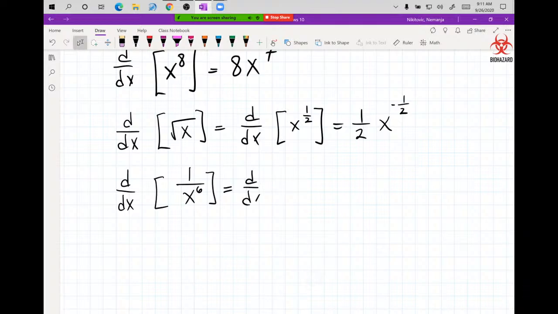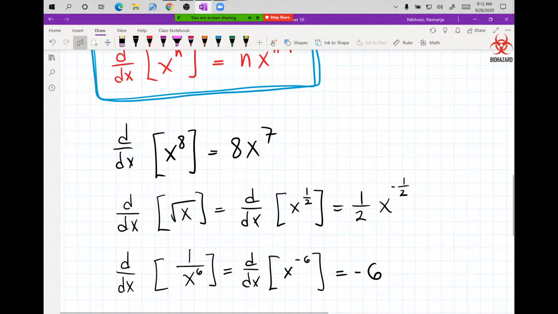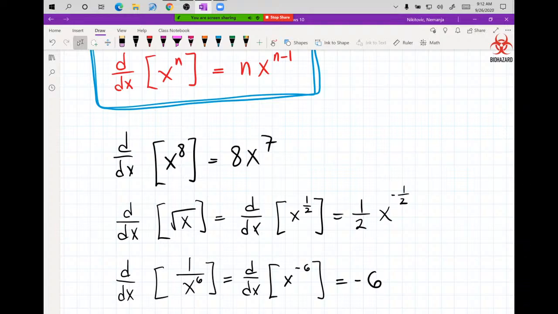What should be the exponent of x? x to the negative 6. So we drop down negative 6 as is, right? Because the formula says copy n as is. And then x to the negative 7. Good. We're going to do this because it makes it better when we see it in a formula.